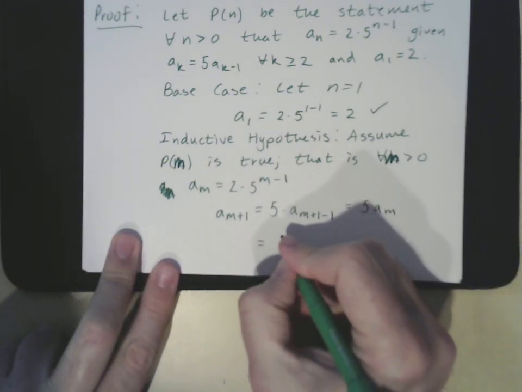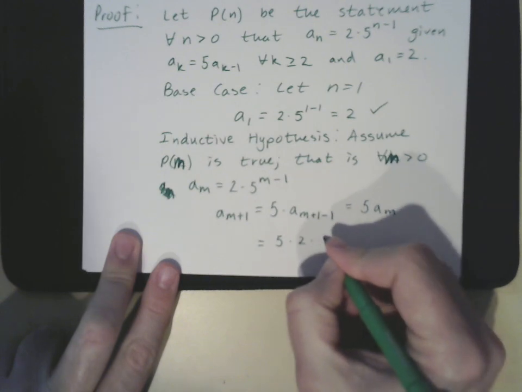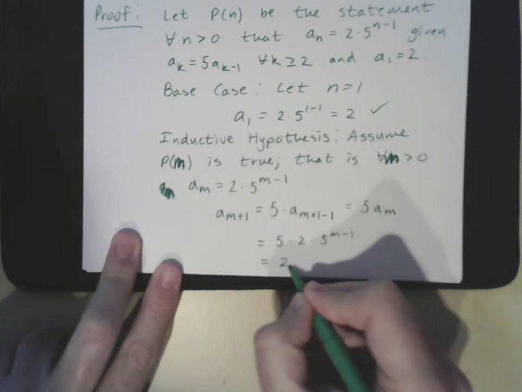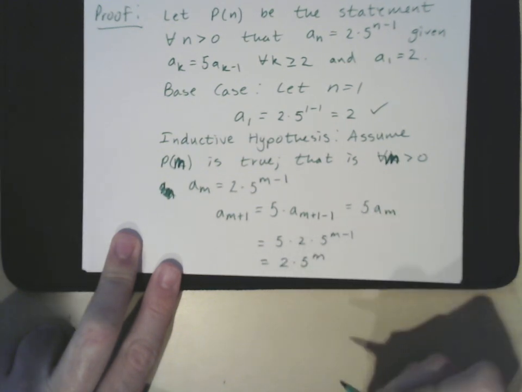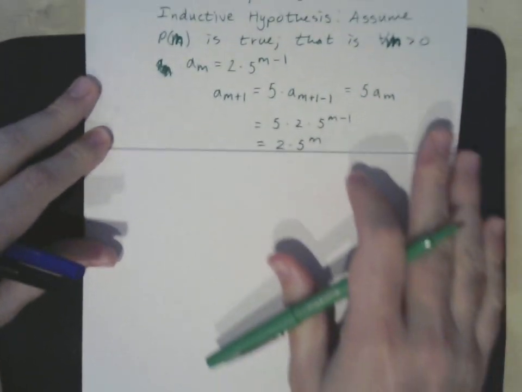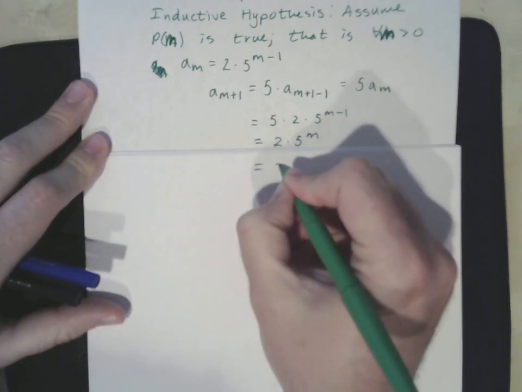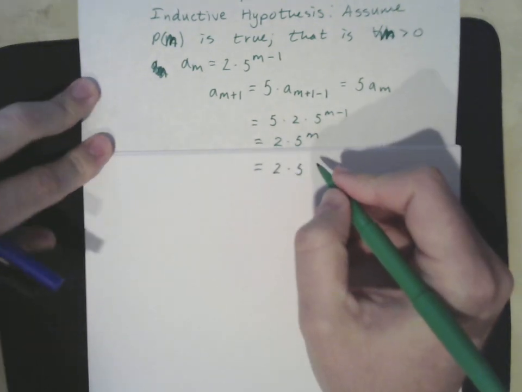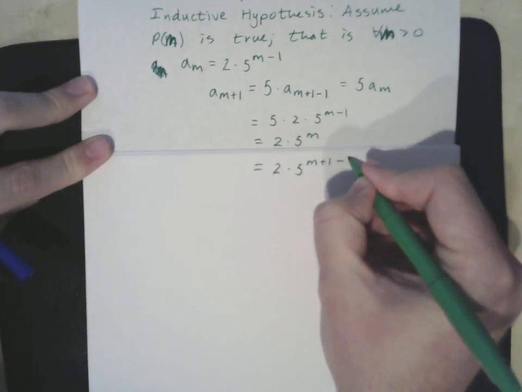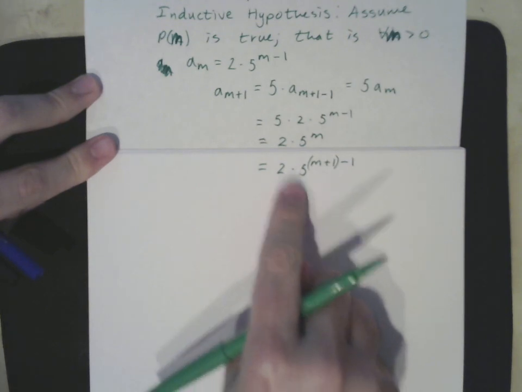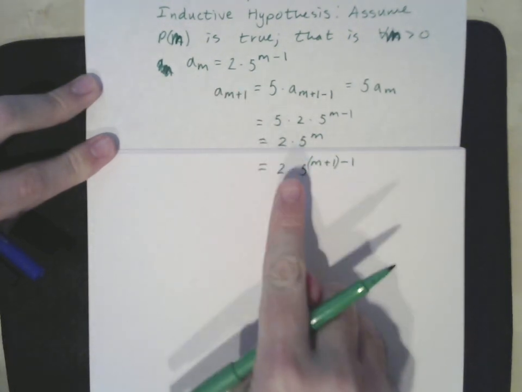So this then equals 5 times 2 times 5 to the m minus 1, which of course is going to equal 2 times 5 to the m. And let's go to the next sheet here. So if we have 2 times 5 to the m, we can write this as 2 times 5 to the m plus 1 minus 1.